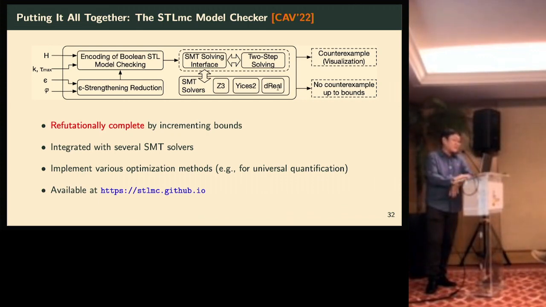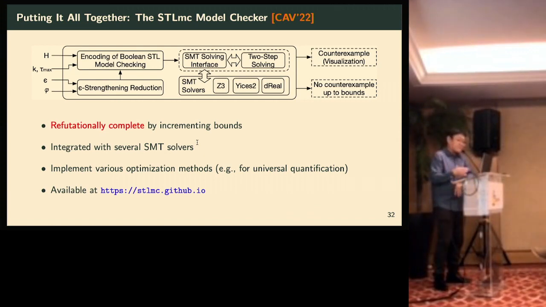This can be made reputationally complete by incrementing the bounds. We can also implement various optimization methods previously known for hybrid systems, including removing hybrid automata-based existential quantification and so on, not quantifier elimination. The tool is publicly available on this website.